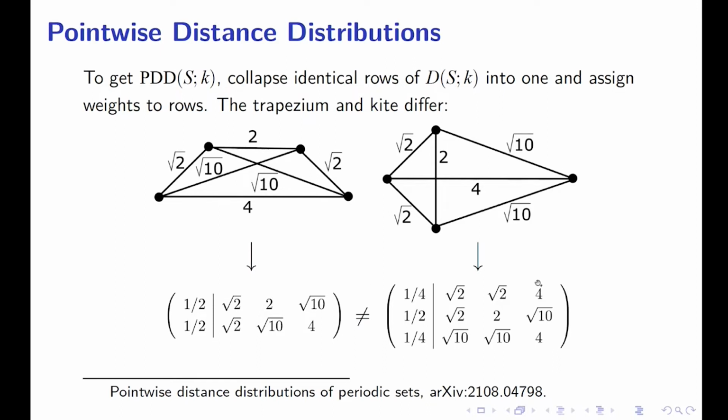So one thing to note before the next slide, where we have an actual crystal for once, is that the reason that rows collapsed is because there were symmetries. This trapezium on the left, we have a mirror symmetry vertically in the middle, and it maps these 2 points onto each other and the bottom 2 onto each other. And so they're symmetrically equivalent, and their nearest neighbor distances are all the same.